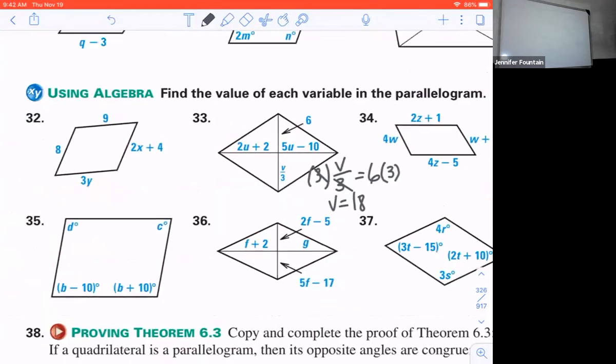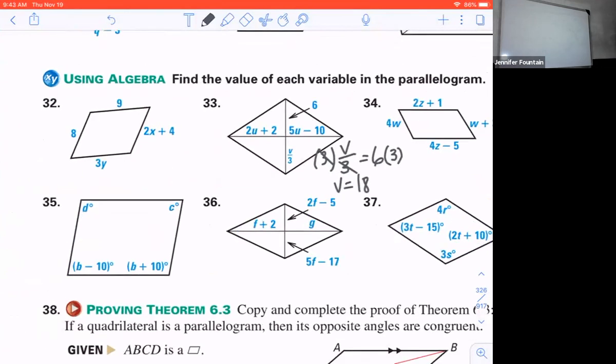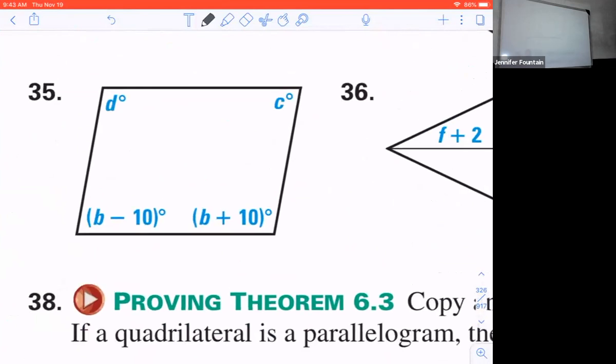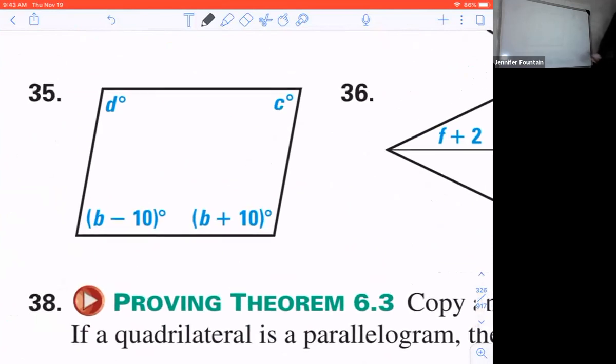Look at 35. I have variables of B, C, and D. How many variables can I solve for at one time? 1. So I've got to look at the relationship between the angles that have the same variable. Which of those have the same variable? B. B minus 10 and B plus 10. What do I know about the relationship of these two angles?